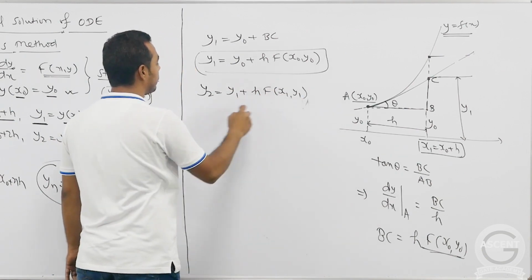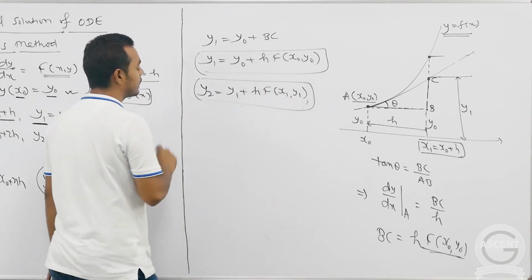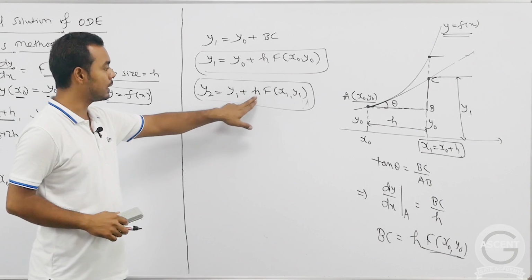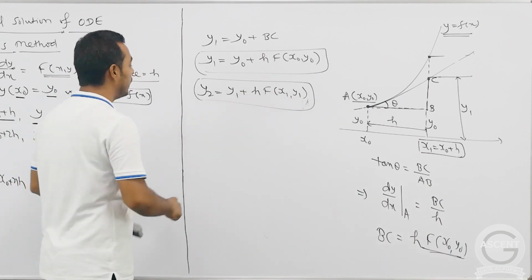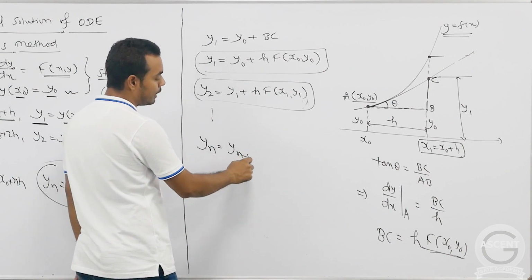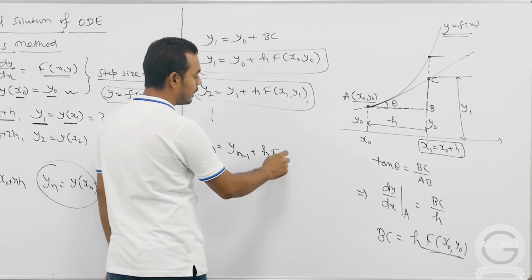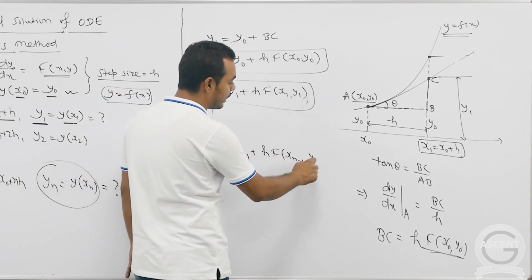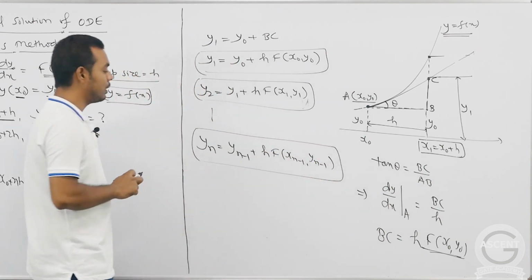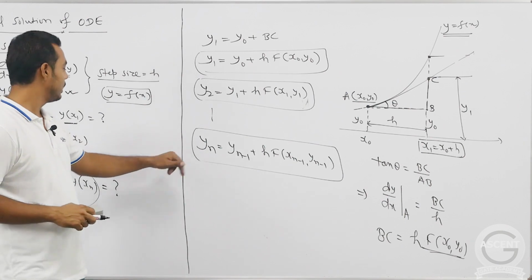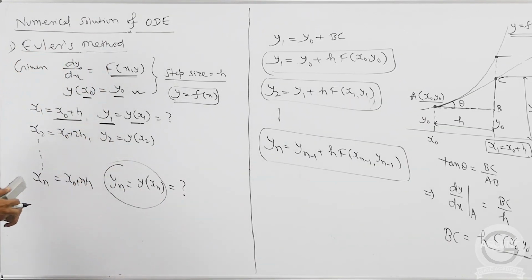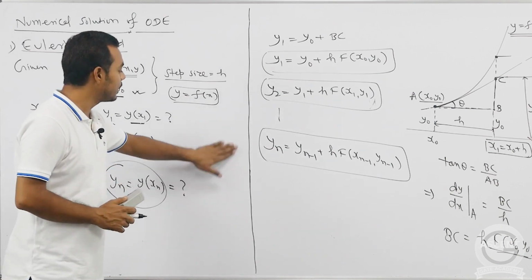In this way we calculate the next value y3: y3 will be y2 plus h into f of x2, y2. The general formula will be yn equals yn minus 1 plus h into f of xn minus 1, yn minus 1. This is the general iterative formula. By substituting different values of n, you will get the values y1, y2, y3 up to yn. So this was the basic idea behind Euler's method.